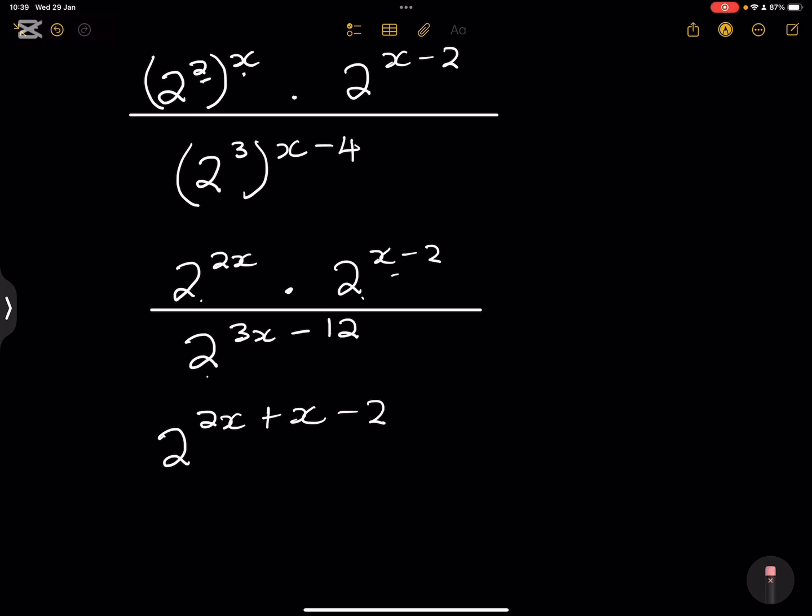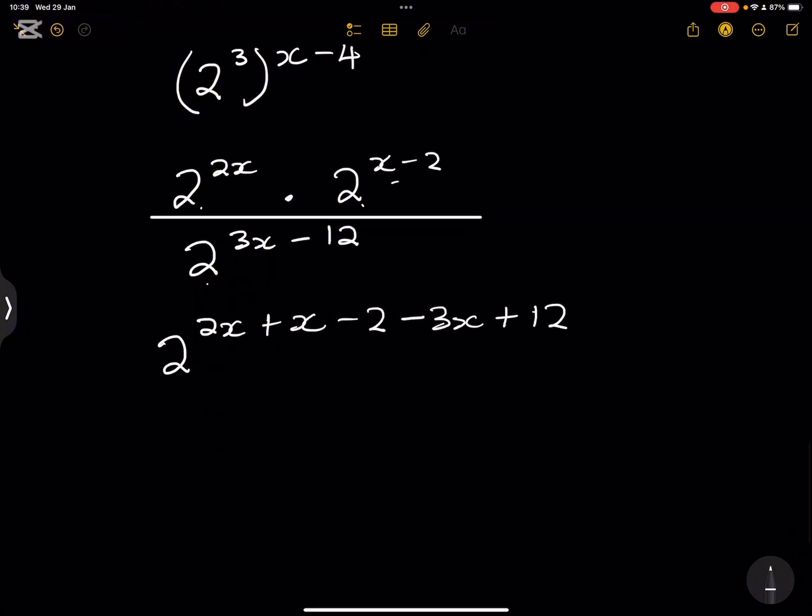So that will be minus 3x plus 12. So that would be 2x plus x, that's 3x, minus 3x. So all of those cancel out. So I've got minus 2 plus 12, which will give me 10. So that will be 2 to the power of 10.